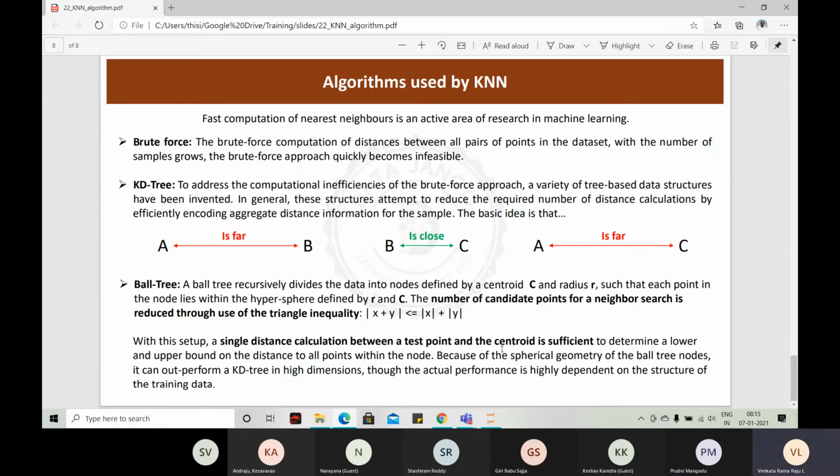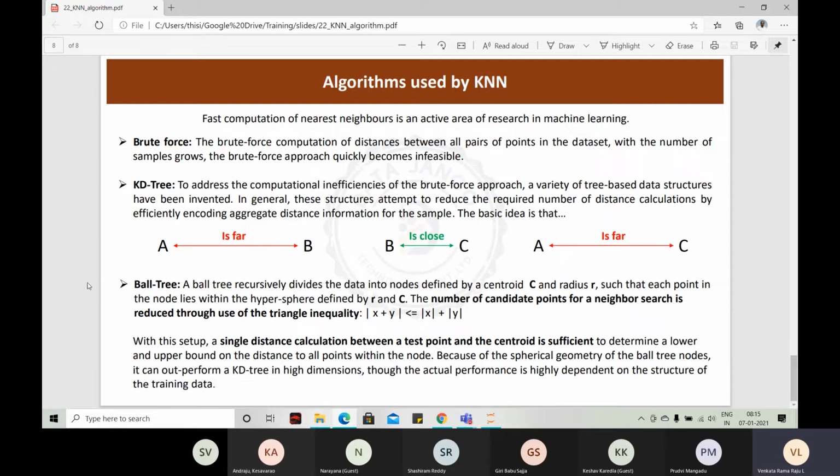Because of the spherical geometry of the ball tree nodes, it can outperform KD tree in high dimensions, though the actual performance is highly dependent on the structure of the training data. That's another constraint. But basically, in a high dimensional space, I never prefer KNN.